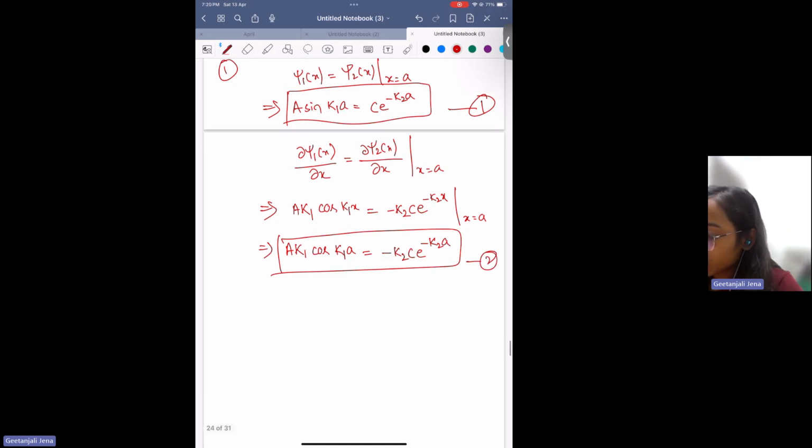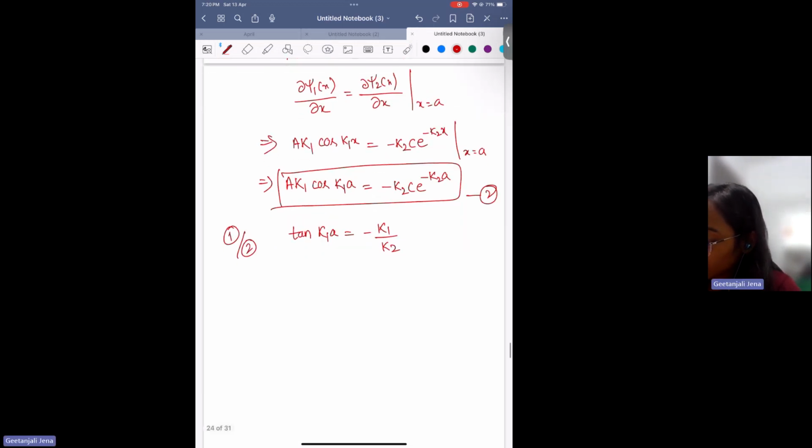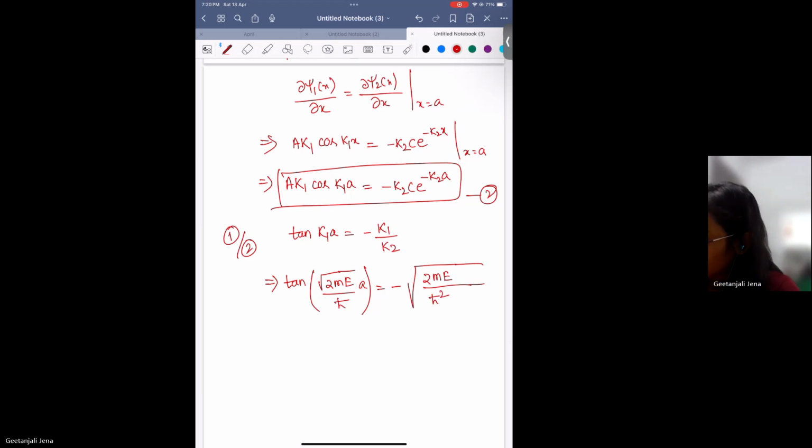So to get the transcendental equation, what we can do is divide 1 by 2. If you divide 1 by 2, we will get tan k1a equal to minus k1 by k2. So you have to just put in the expressions for k1 and k2. k1 is nothing but root over 2mE by h-bar squared, and k2 is root over 2m(V0 minus E) by h-bar squared.